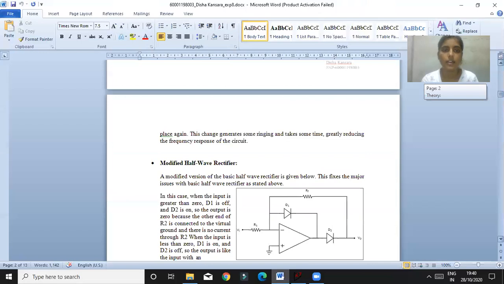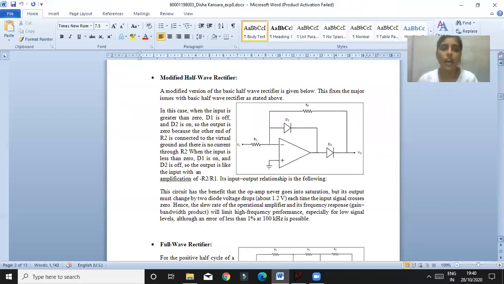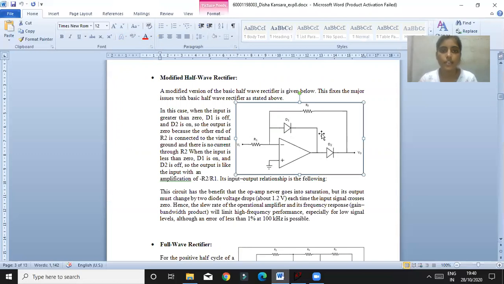So this is the modified half-wave rectifier. The modified version of the basic half-wave rectifier is given in this circuit. This fixes the major issues with the basic half-wave rectifier as stated above.